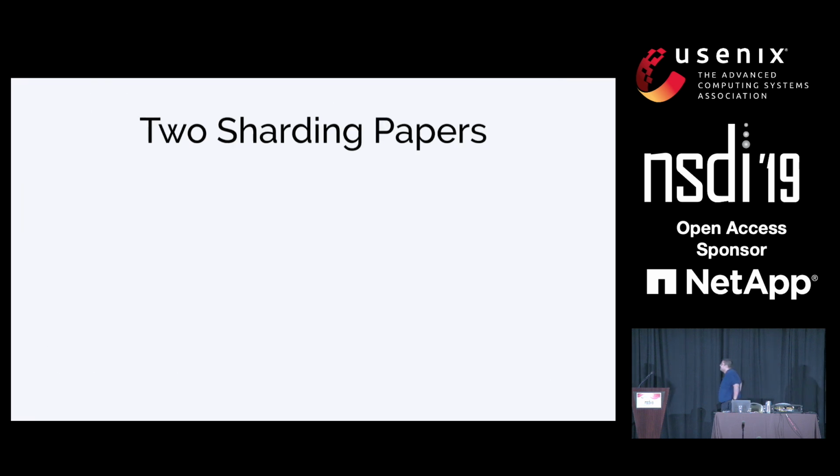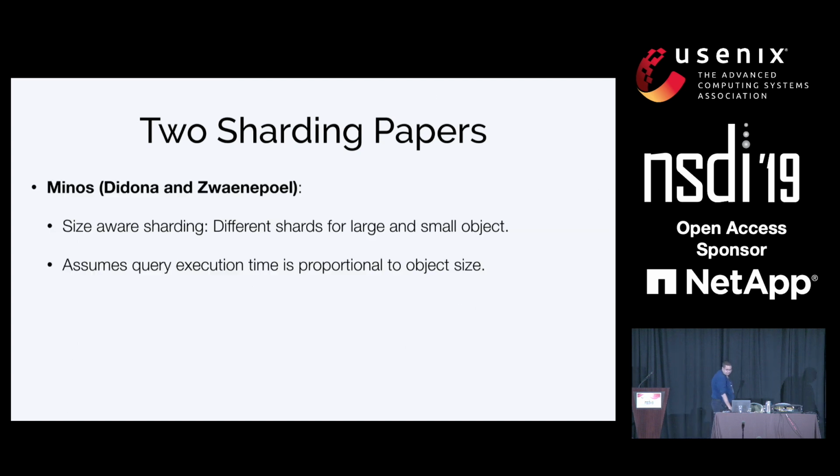OK. So at NSDI this year, we have 2 papers on sharding that look at 2 different aspects of sharding. So the first one is a paper called Minos, which comes out of EPFL by Didona and Willy Zwanapel. And the idea here is that, hey, look, people have been considering size-aware sharding for a while, popularity-aware sharding for a while, but people haven't been considering size-aware sharding.